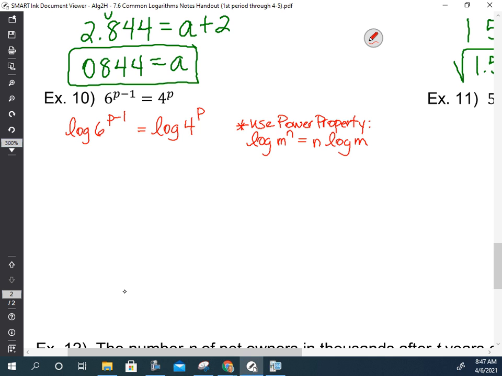So for the left-hand side, that gives you p minus 1 times log of 6 equals p times log of 4. All we did was take the exponent and move it out in front. Any questions before we continue?